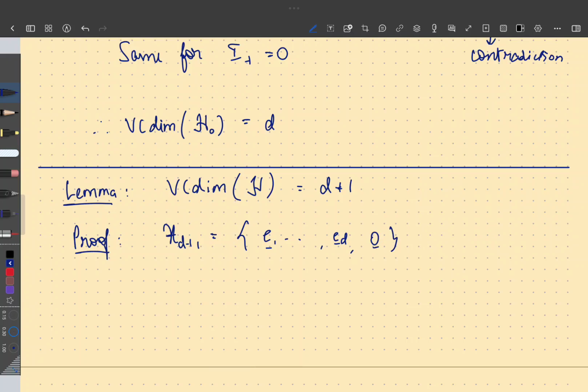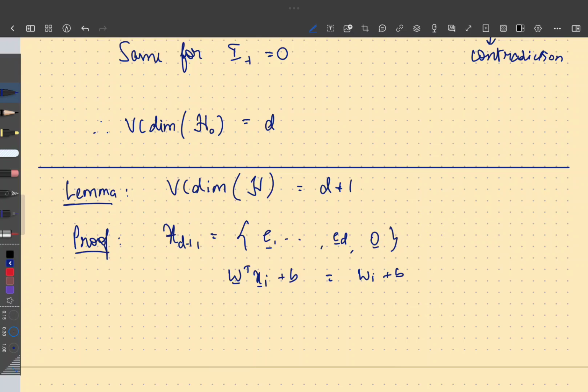Now I have this additional term. Again I have w transpose xi plus b. If I take w transpose ei plus b, this would be equal to wi plus b. So I now have two free parameters that I can play around with.